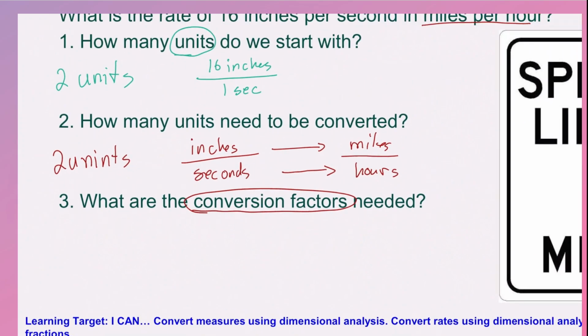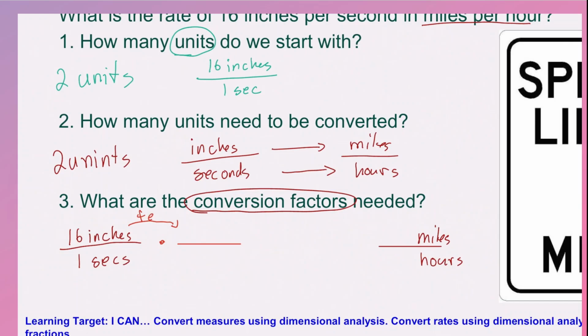I'm going to start with my conversion factor of 16 inches in 1 second. And I need to figure out how many steps there are between inches and miles. We're going to focus on the distance first. Well, we're going to need to take inches to feet, so I need to think about how many inches are in a foot.